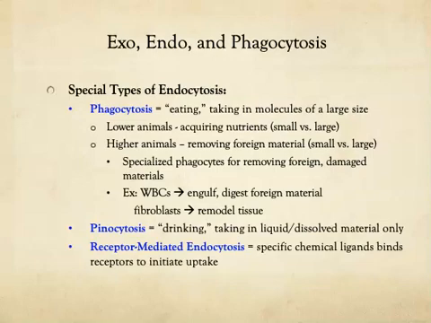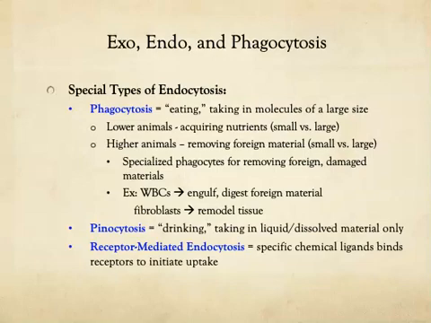Remember, we said lower eukaryotic organisms, more primitive eukaryotic cells, are going to use endocytosis to bring nutrients or food into the cell. Now, depending upon whether they're bringing in small molecules or large materials, again, greater than about 1/2 of a micrometer, that's the size limitation there.